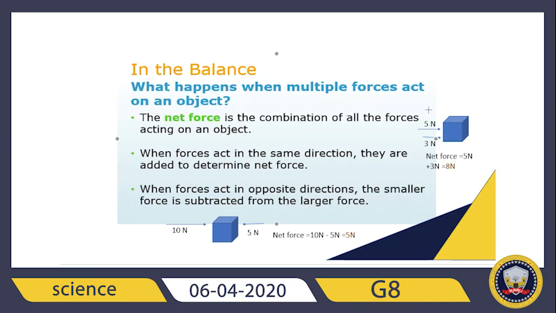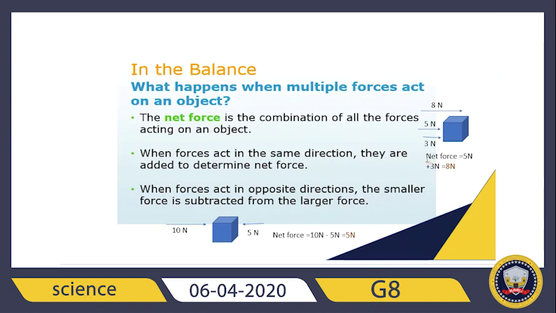This object will move in this direction, and here, the net force is equal to 8. This is the net force acting on this object, and the arrow should have a length equal to 8 centimeters, for example.